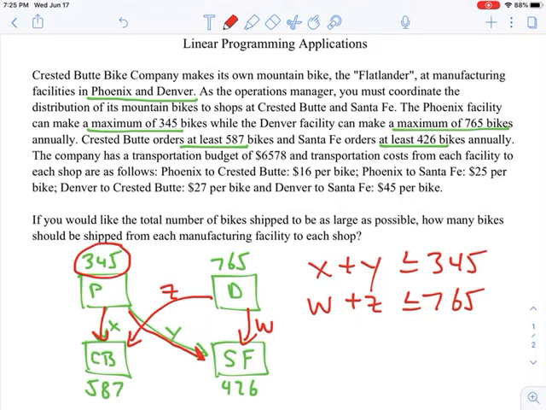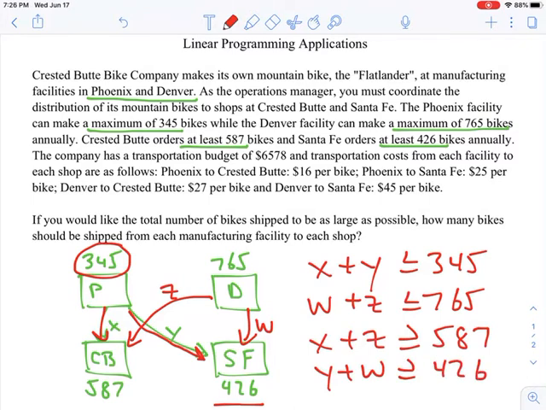Now, Crested Butte wants at least 587 bikes, getting them from X and Z. So X plus Z has to be greater than or equal to 587, meaning 587 or more. And Santa Fe wants at least 426, coming from Y and W. So Y plus W has to be greater than or equal to 426.